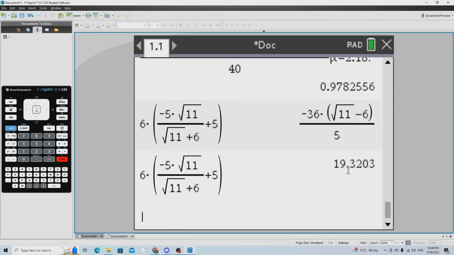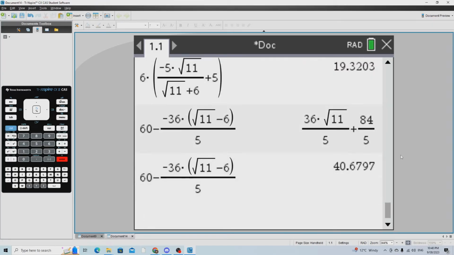Control enter, we get 19 point something. Okay, so we have this, and it means we say 60 minus this over here is equal to this number, 40 point something.